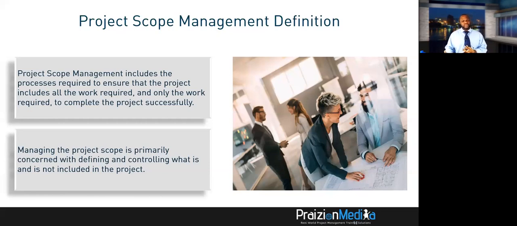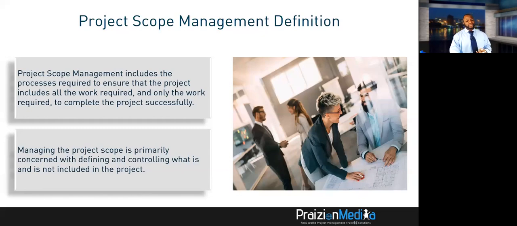Sometimes work people do on the project is not necessary. You know, someone might say, I want to create a report. Why? I just feel like it. No, it's not part of the project scope. And it will amaze you how many projects have work that is not related to the product scope.